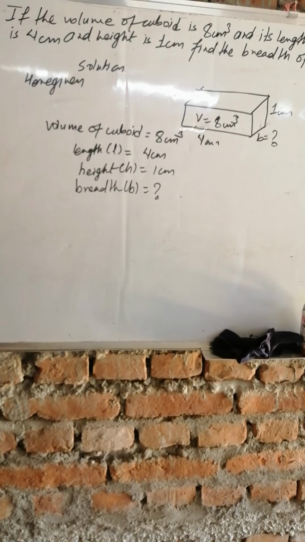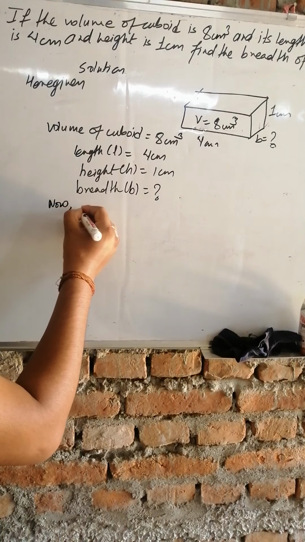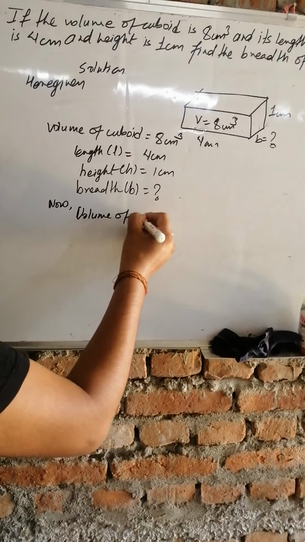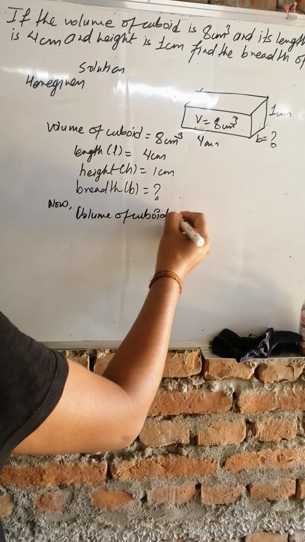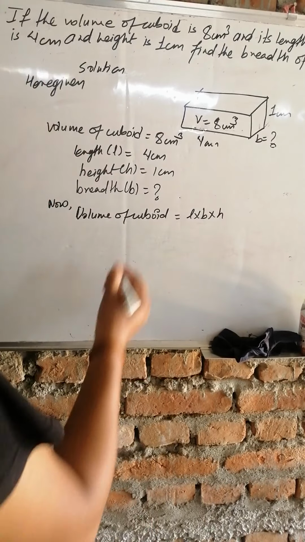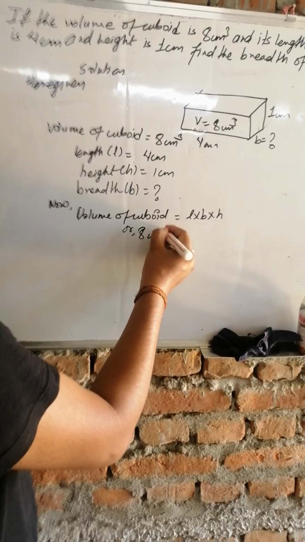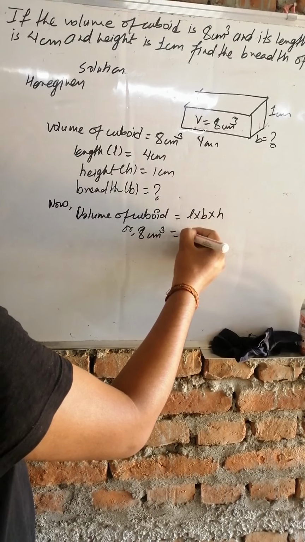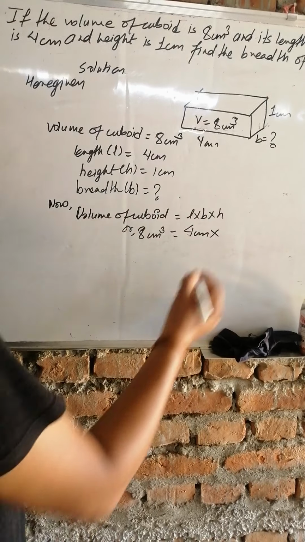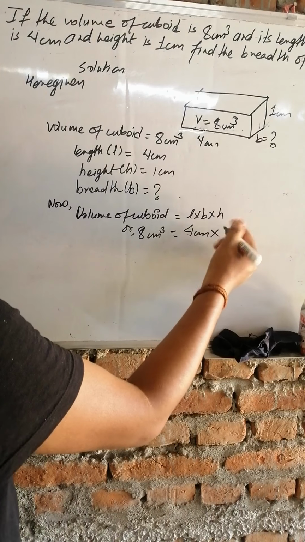Since the volume of cuboid value is given, we have to use the volume of cuboid formula. Volume of cuboid equals L into B into H. This is the formula. So volume of cuboid is given, that is 8 centimeter cube, equals L, which is 4 centimeter, and H, which is 1 centimeter, and B we have to find.